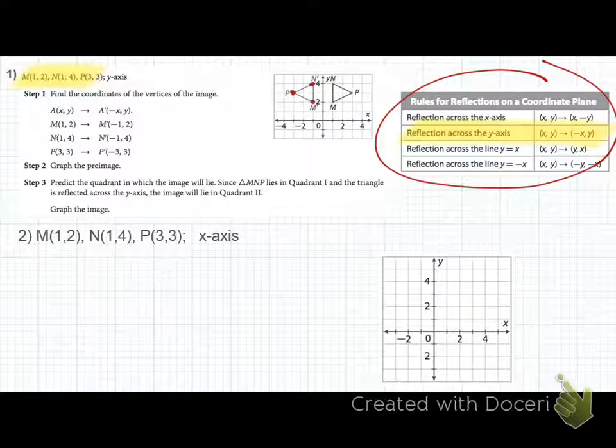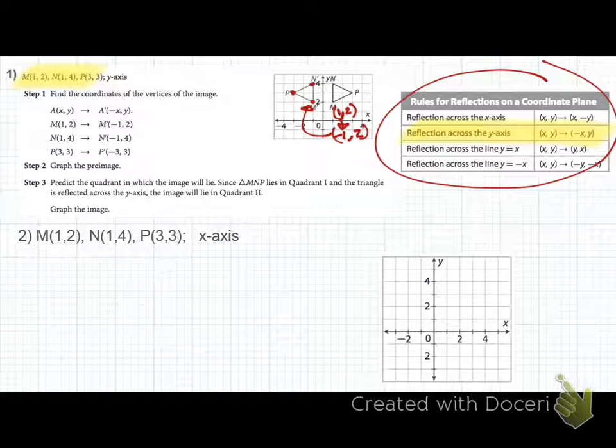Look what's happening. We're just changing x to negative x, okay? You see up here, you're changing the x to negative x? Yes. Okay, so the original point for M is 1, 2, so when I want to reflect, you just change 1 to negative 1 and keep the 2 the same. And that's really where the point is right here. You see that? Make sense? We'll do that for all of them.